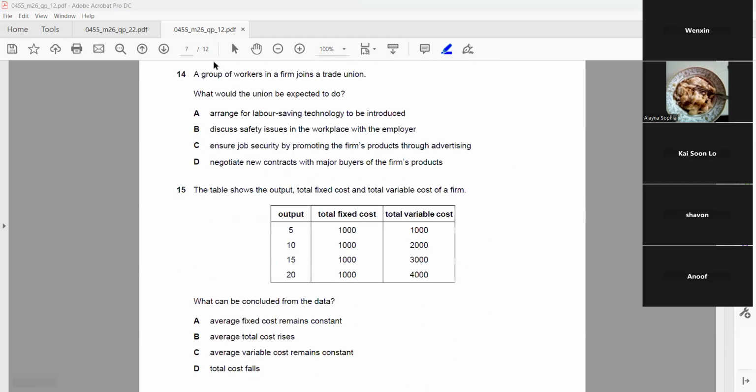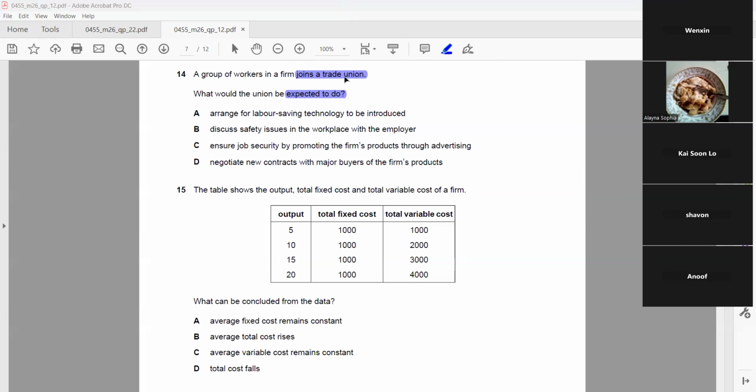Question 14. A group of workers in a firm joins a trade union. What would the union be expected to do? Siobhan, what is your answer? Try again.